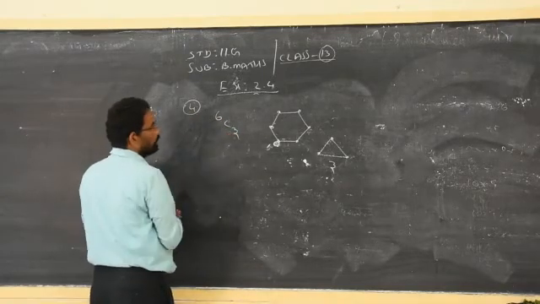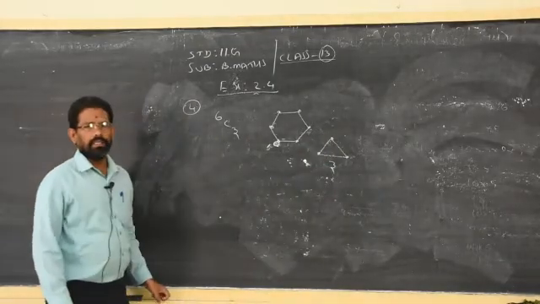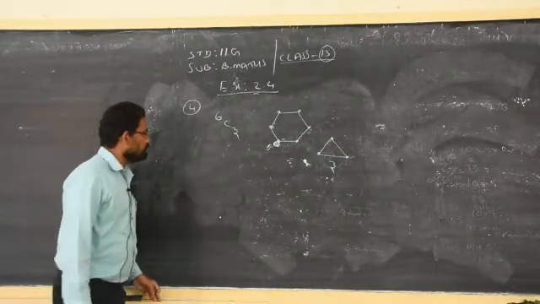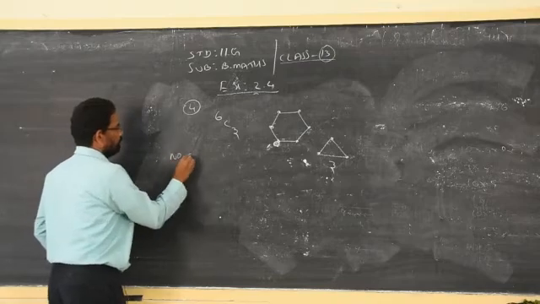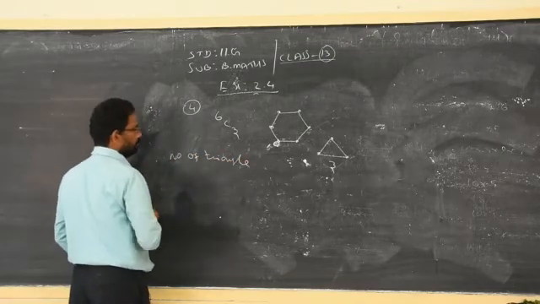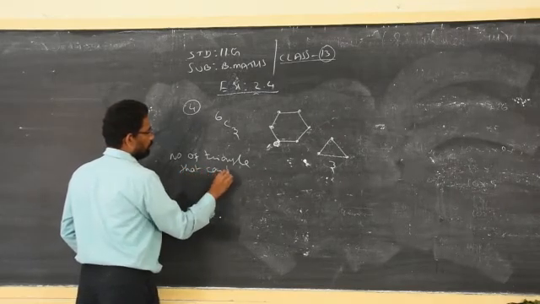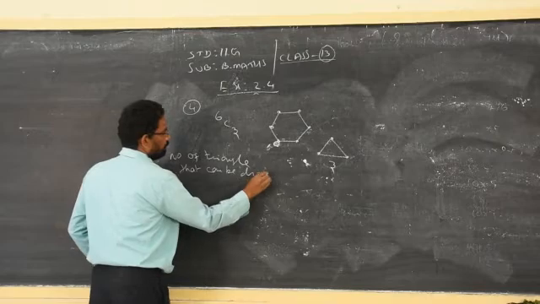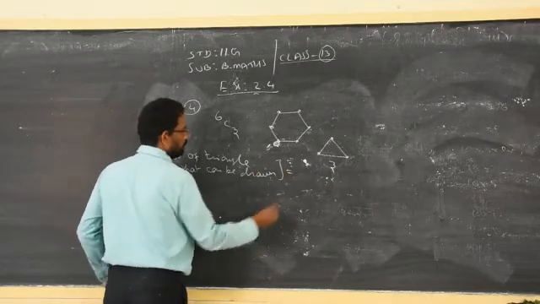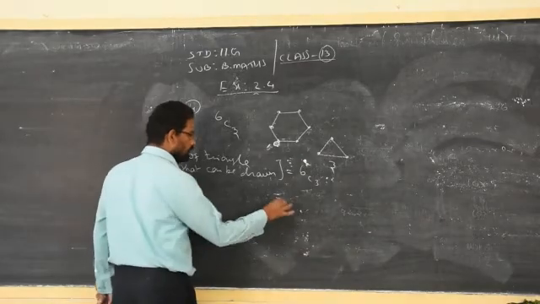Only 3, because they asked to find out the number of triangles. So 6C3. The number of triangles that can be drawn is 6C3.